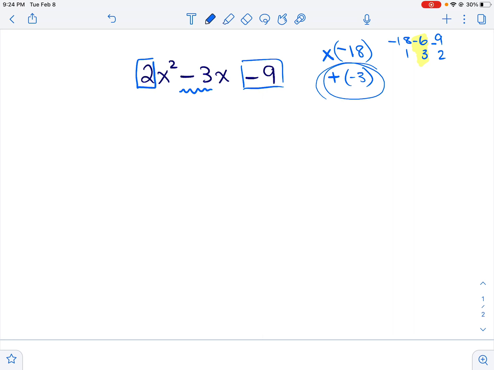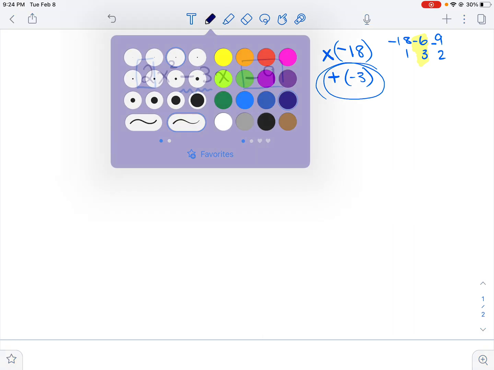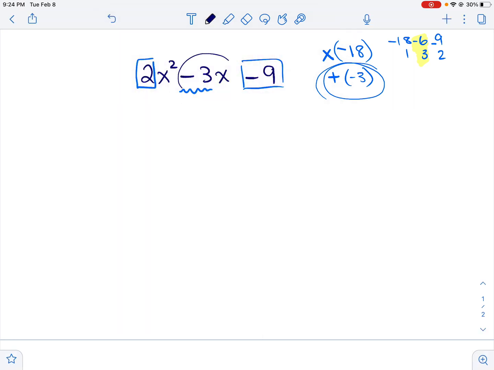So that's my numbers. So second step, I'm going to replace my middle term with the 2 numbers that I just found. So 2x squared minus 6x plus 3x minus 9. Okay, next, I'm going to split it, and I'm going to common factor each half.